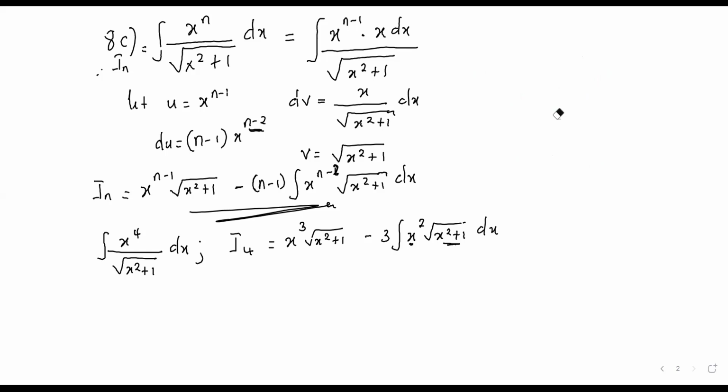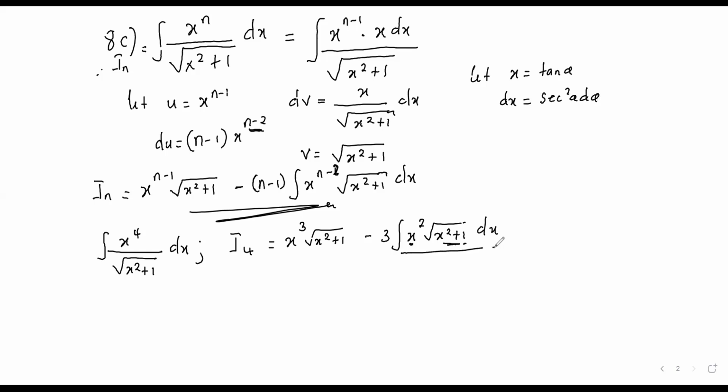Since we have x squared plus 1, we can let x be, since this is 1, 1 tan theta. And then dx will be sec squared theta d theta. So we can substitute.